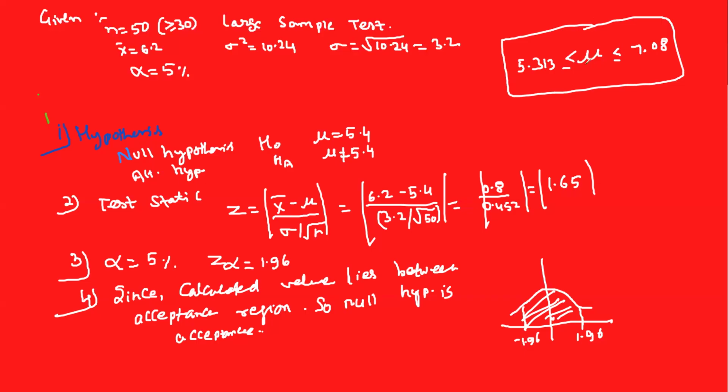And you can see 5.4 lies between these two values. So without finding the confidence interval, you can check by this method. In this case, no need to find the confidence interval. Just check whether it lies or not, by using this method.